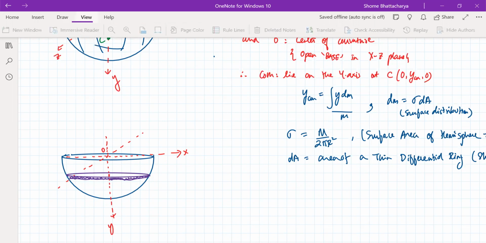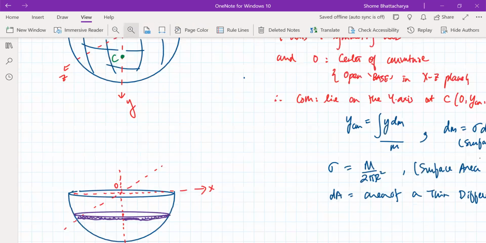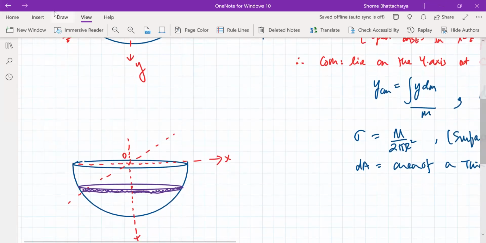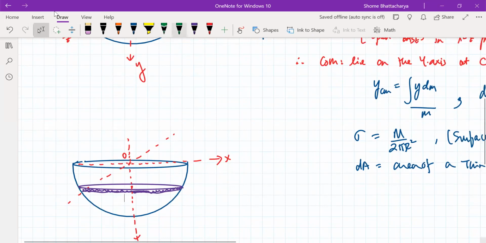Now see, the thing is that the ring's thickness, which is the differential quantity here, is this thing here, say dl. So it's a very small thickness, but that is actually a tiny arc.